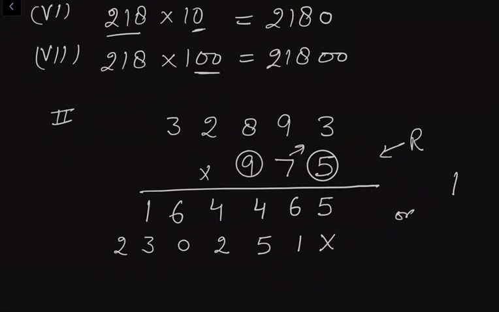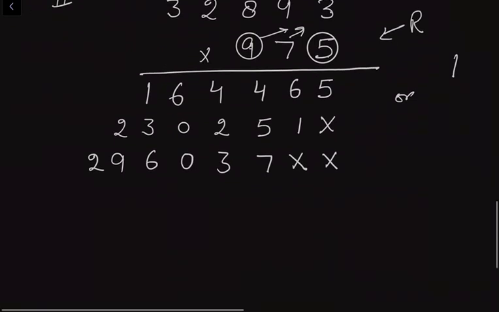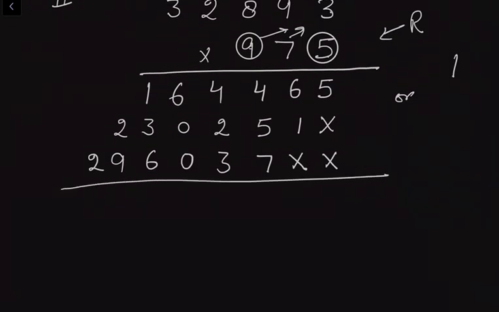And for this number 9, I put one cross here and one another cross here and do the multiplication with 3. It will become 7 3 0 6 9 and 2, and add all these 3 lines.